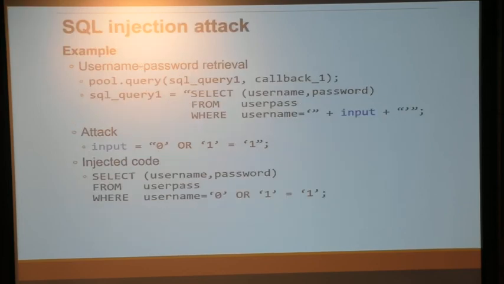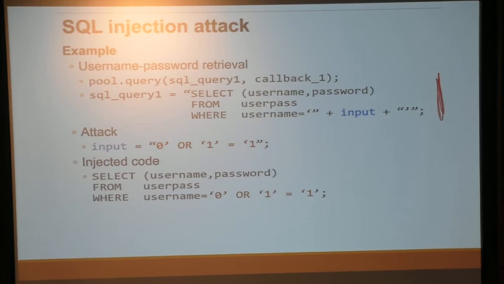If you want to verify that someone is in the username password database, you can do this, right? Your query is this. If there exists something, then you can proceed. If it doesn't exist, then you do not proceed, right?